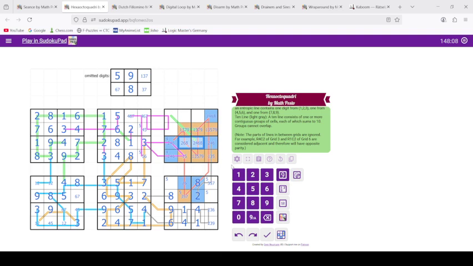Could this be missing a 1? If there were no 1 in this puzzle, that would be a 5. That would be a 3. This would be a 7 or a 9.